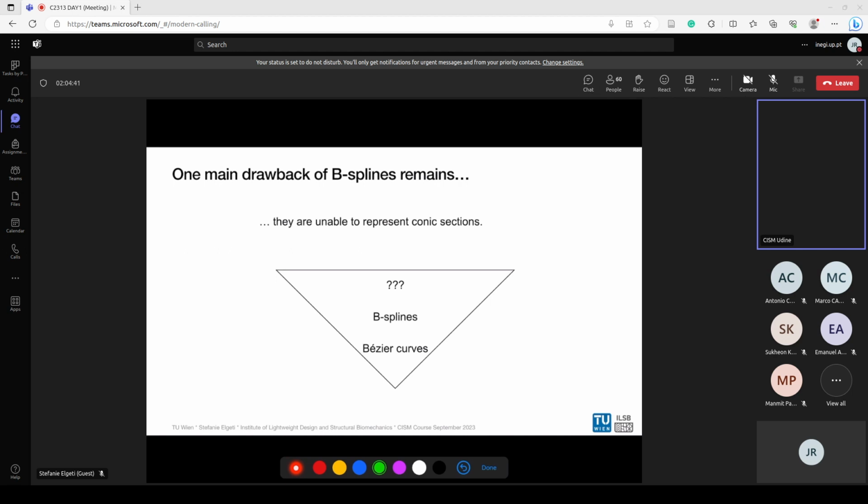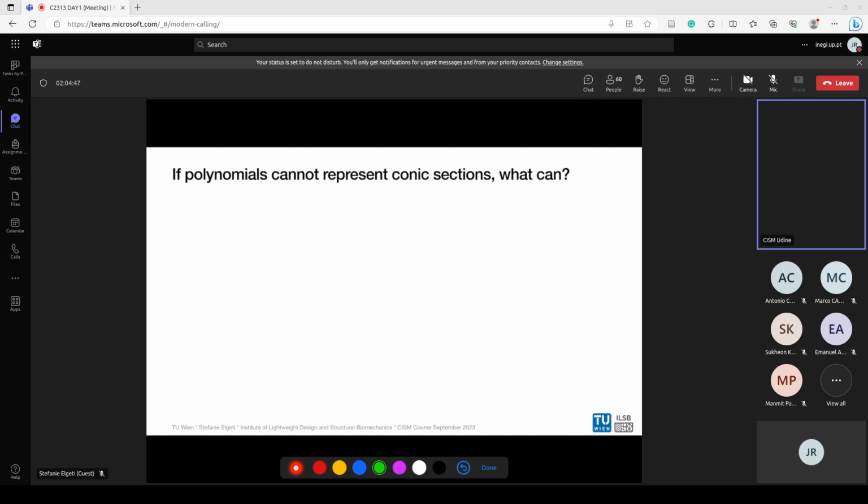So those are generalizations of each other. And we said that we still have this drawback that B-splines cannot represent conic sections because polynomials cannot, but if polynomials cannot, what can maybe? So how can we improve the situation?